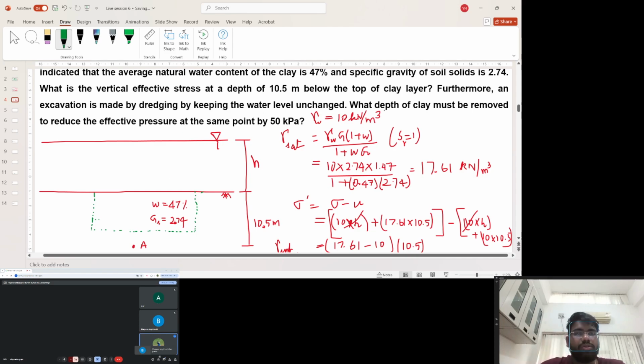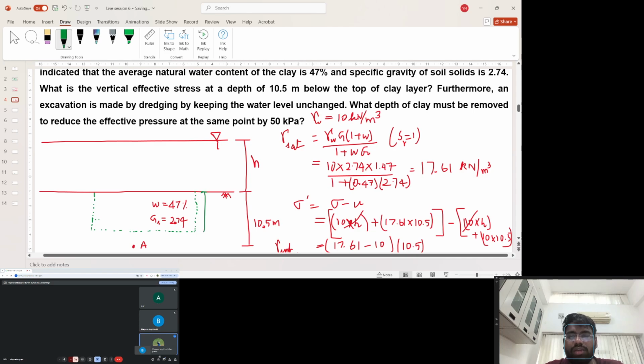Due to the dredging, the effective stress gets reduced by 50 kilopascal at point A. So for this condition to occur, what depth of this clay must be removed? All right. So that is what the question is.